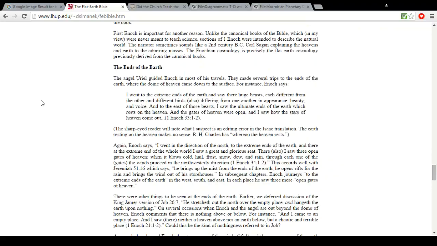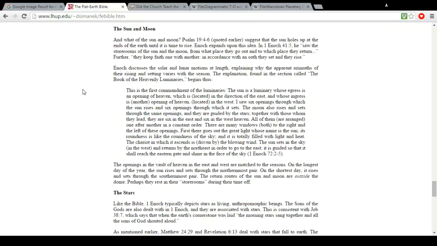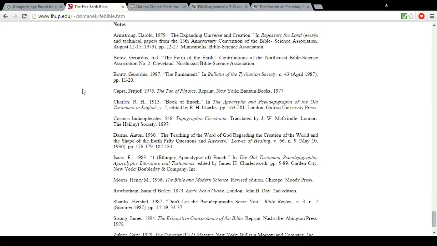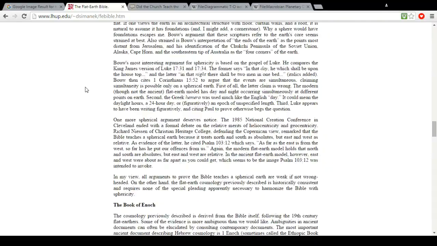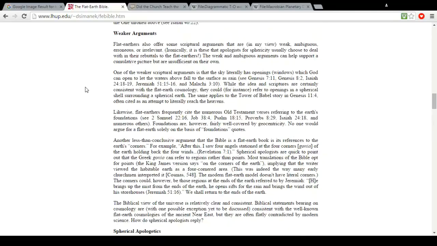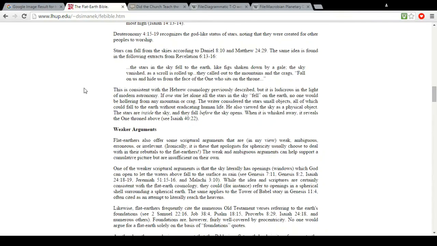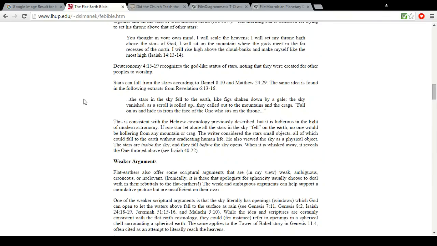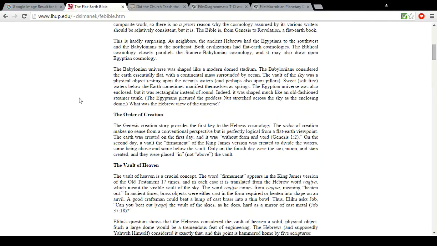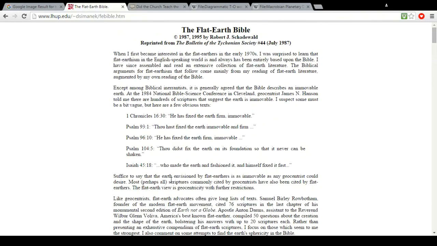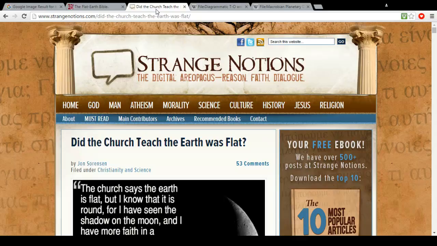I'm not even going to go through this because it is way too much, and they give more reference points, so this is good. It goes into the stars, the Book of Enoch, special apologetics, weaker argument, celestial body, shape of the earth, the vault heaven, the order of creation, everything else. And from there, you get a bunch of different things.